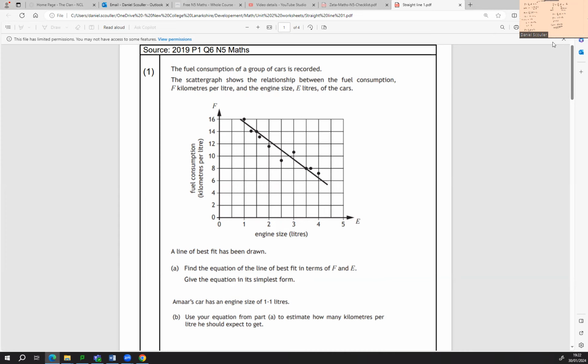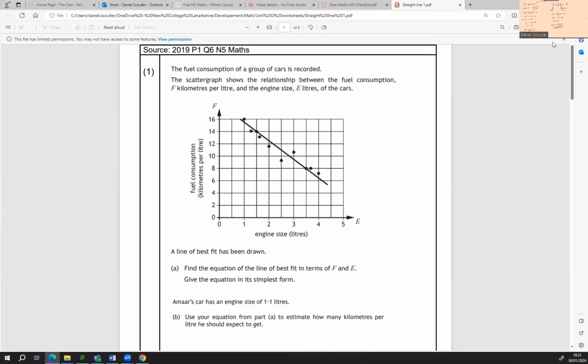Y in this case is fuel consumption. The x value is going to be the engine size. Fuel consumption is in kilometres per litre. So the bigger the engine, the fewer kilometres per litre I'm going to get, which makes sense.